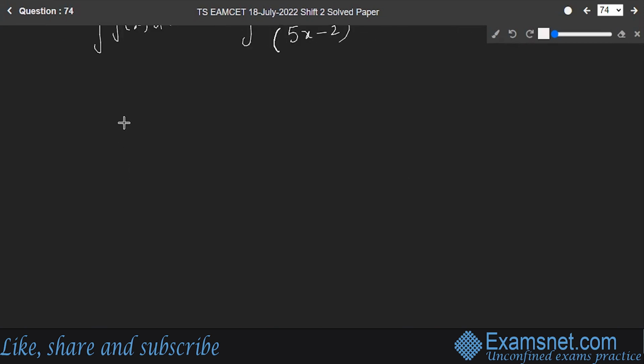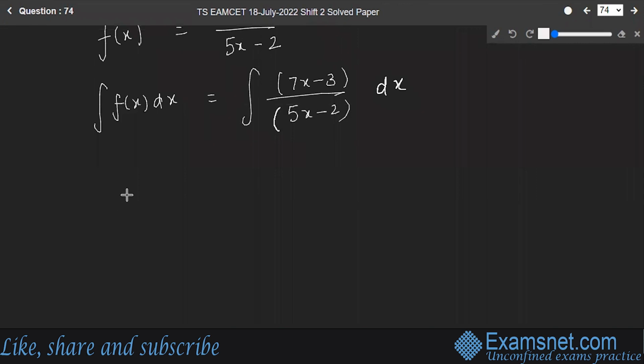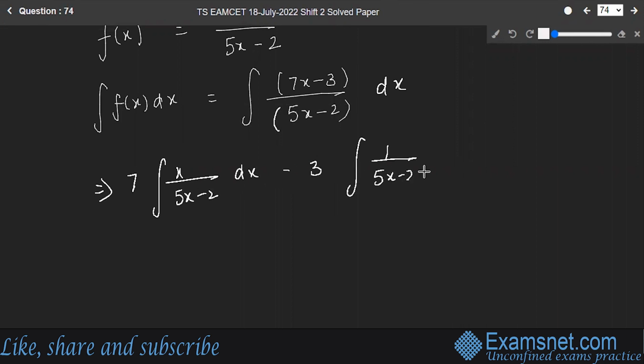So, you can write it as 7 into x upon (5x minus 2) dx minus 3 integral of this. This will further be written as 7 by 5.